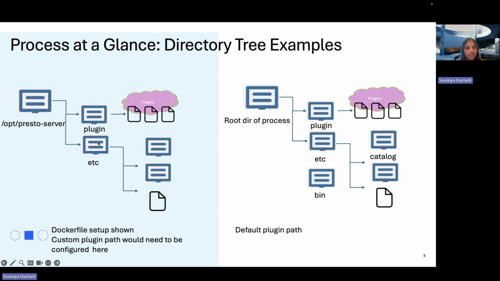In addition to that, there's also an etc directory inside of /opt/presto-server, and that's where all of your other subdirectories, files, and so on sit. Now, in this kind of setup, you would need to do one thing, which is add the custom plugin path, and I'm going to teach you very soon how, and configure that into your config.properties files for all of your worker configurations.